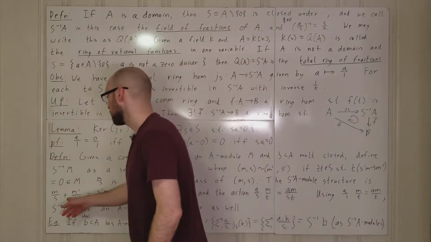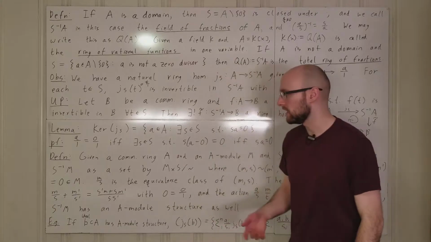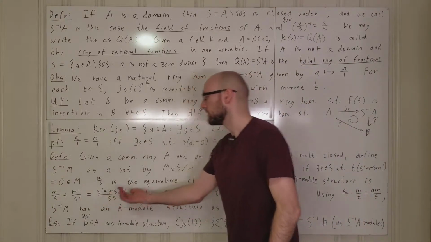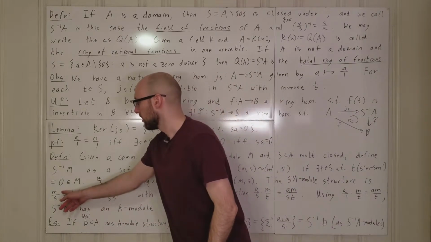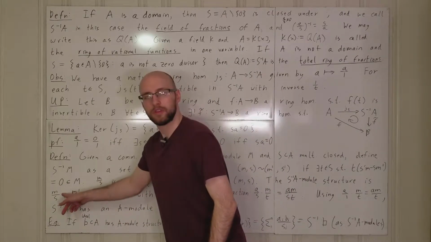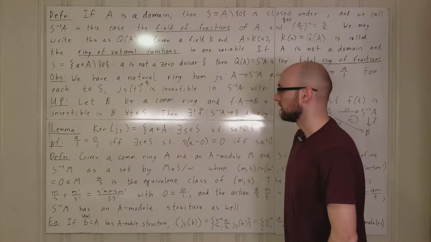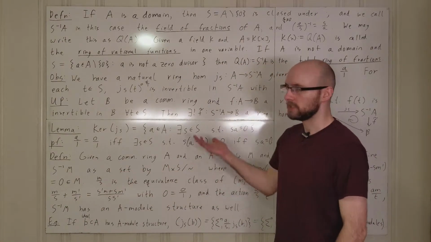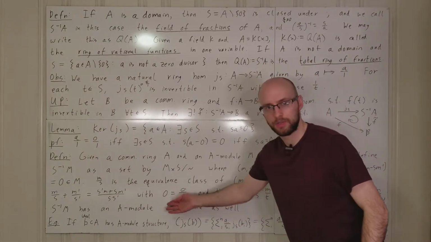So M over S plus M prime over S prime will be just this thing, which is the same thing it was for the ring. And you can clearly see that it will be Abelian and that you have an inverse: the inverse of M over S will be negative M over S. And then the identity will be 0 over 1, with 0 equals 0 over 1.